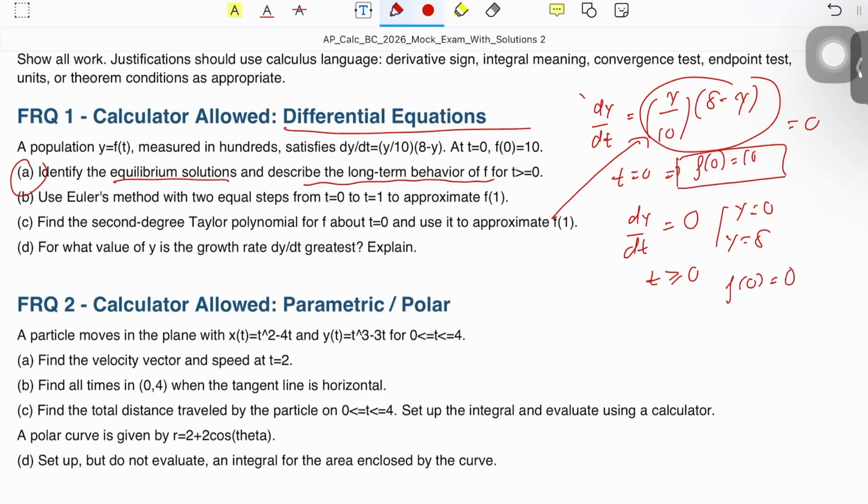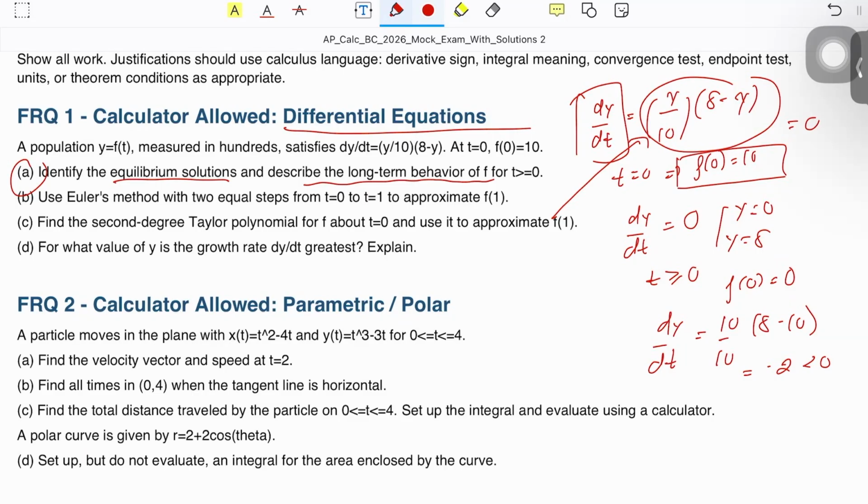If I plug it into the slope, dy over dt, I have 10 over 10 times (8 minus 10). That gives me negative 2, less than 0. So the behavior is decreasing, dy over dt is going to be decreasing. Usually I talk about the population, so the population is decreasing.